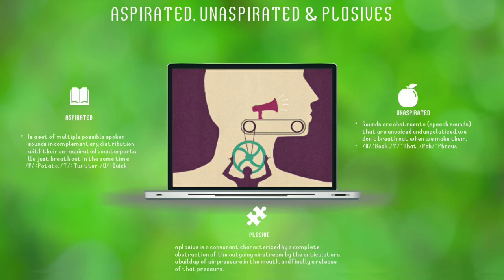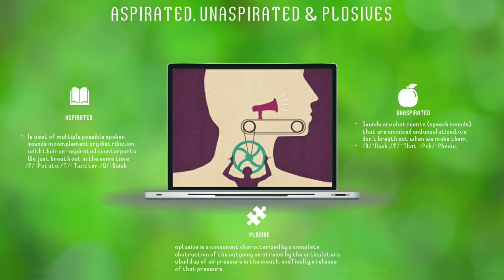When you put your hand in front of your mouth and speak, in any language, you will feel air puffing out from your mouth on certain sounds, because we breathe out at the same time. For example, potato, Twitter, quick.